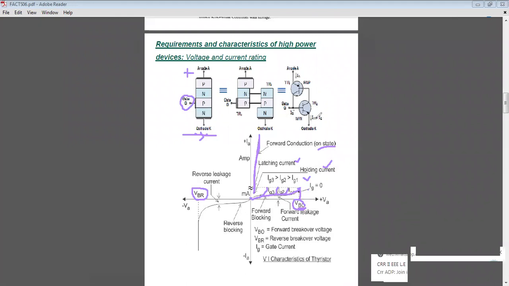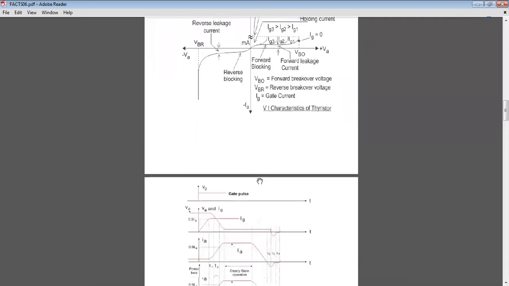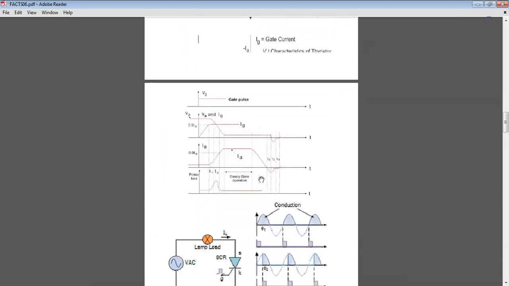Generally, in basic electronics, they explain how the anode current increases with the gate signal using the two-transistor analogy, but that is not required here.